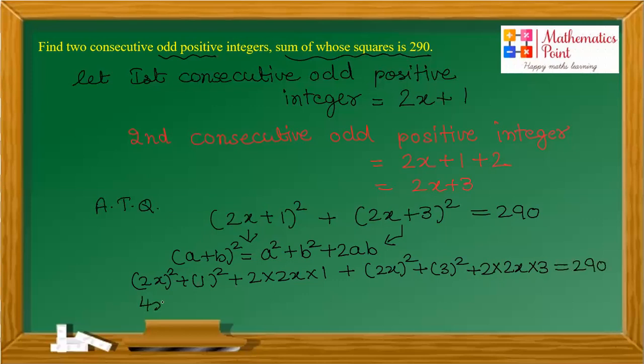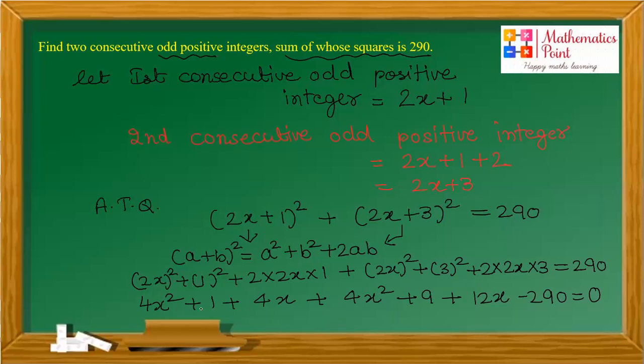Now it comes out to be equal to 4x square plus 1 plus 4x plus the square of 2x is 4x square plus 9 plus 12x, and I will bring 290 also to left hand side, so it will become negative.